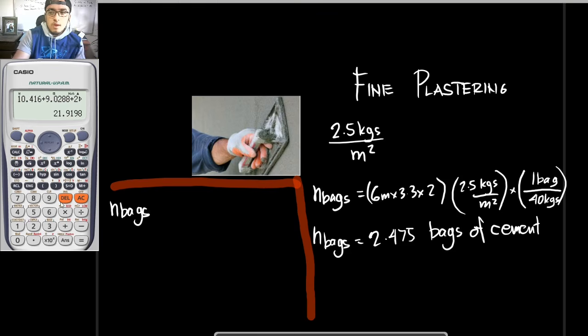So that would be 21.9198. So we would be rounding it up to 22 bags of cement.